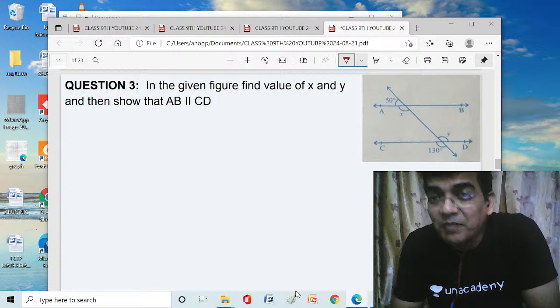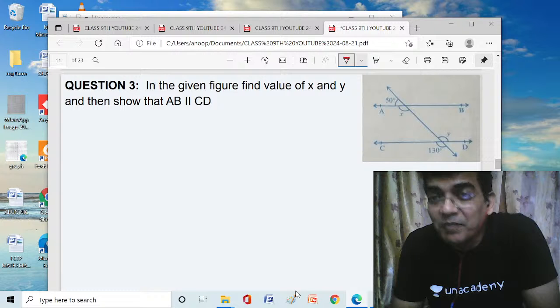So that means lines are not given parallel, right? So don't use the property that alternate angles are equal. Don't use the property that corresponding angles are equal. Don't use the property that sum of co-interior angles is equal to 180. Don't use all those properties because lines are not given parallel. Keep this in mind. We have to prove that the lines are parallel.